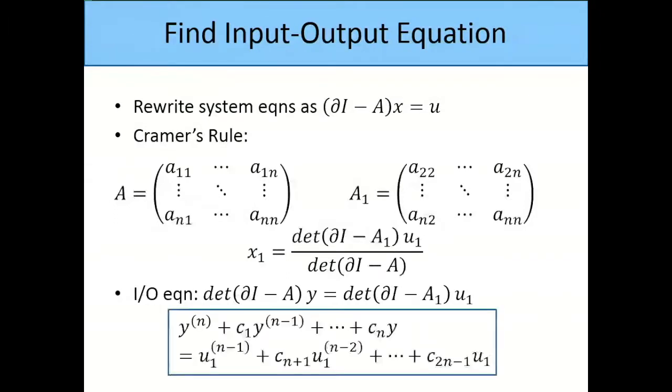We can expand this out, apply the derivative, and we get an nth order linear equation where on the left we have the n coefficients of the characteristic polynomial of A, and on the right we have the n minus 1 coefficients of the characteristic polynomial of A1. So in total we have these two n minus 1 coefficients, and they're just polynomial functions of my parameters.